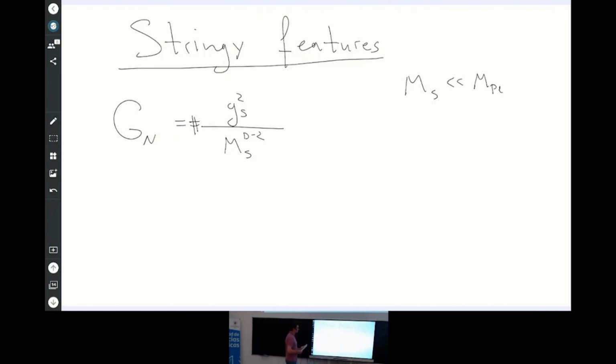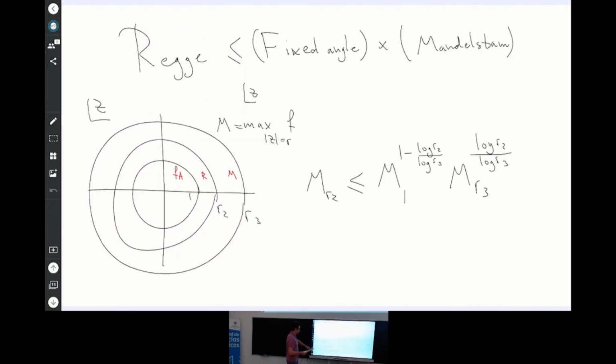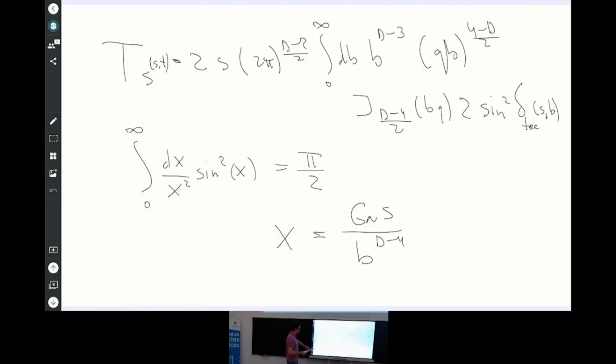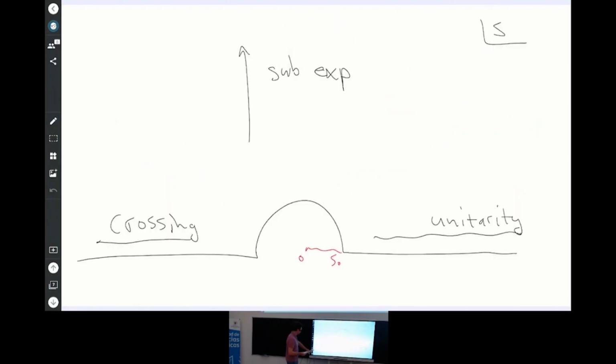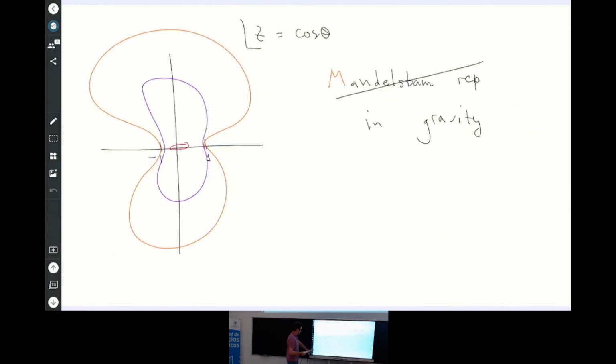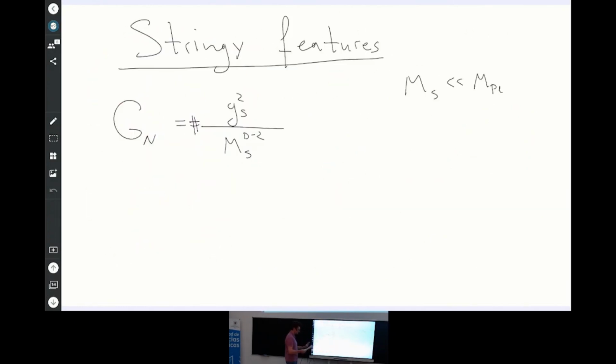If we introduce this new scale in the theory, which we of course think of as a scale of some non-locality, then you imagine that there is a limit. Basically, some of the things we said do not hold.